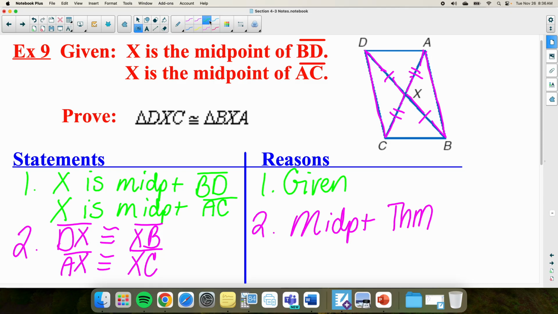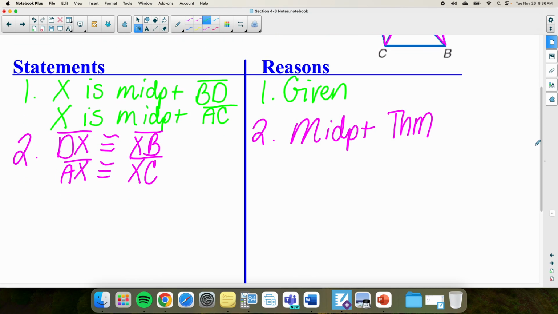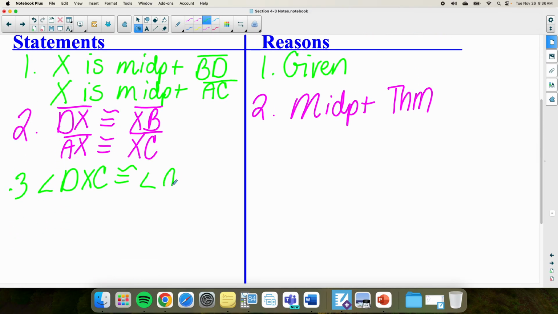So angle DXC right here is going to be congruent to angle AXB right here. So I'm going to say angle DXC is congruent to angle AXB, and that is by the vertical angles theorem.